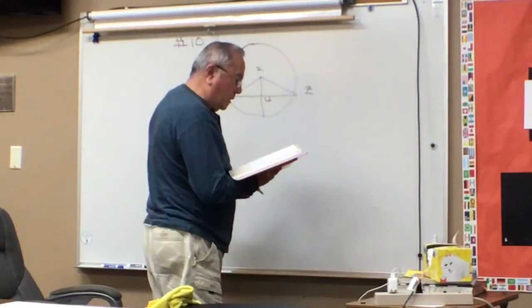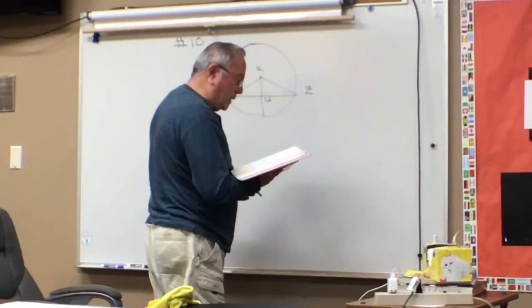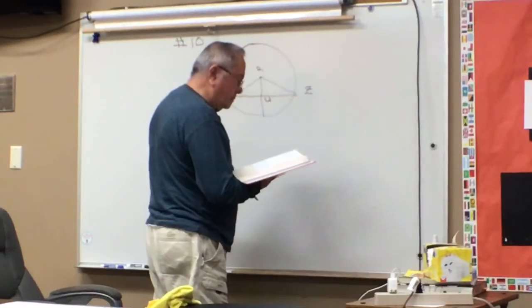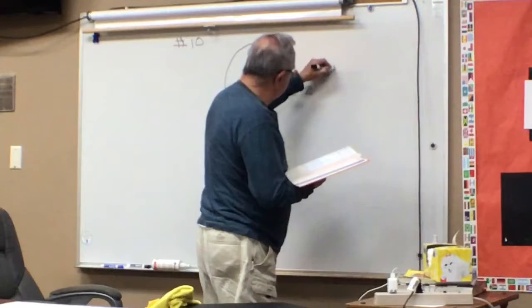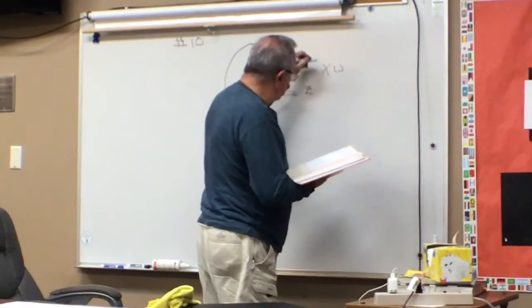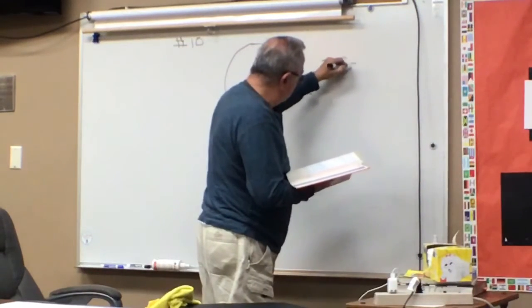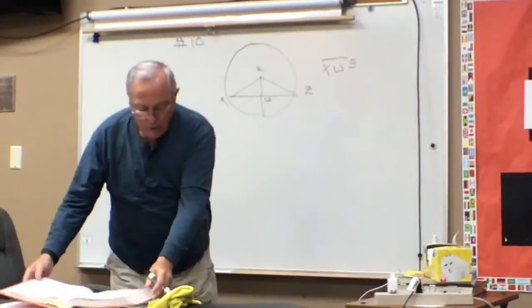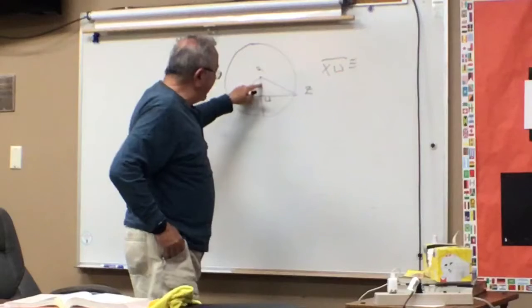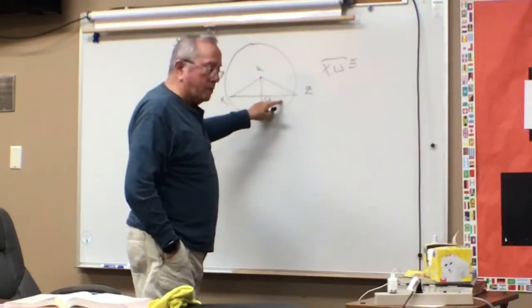It says XW is congruent to what? Now, pretty simple problem, because we know that this divides this equally, doesn't it?